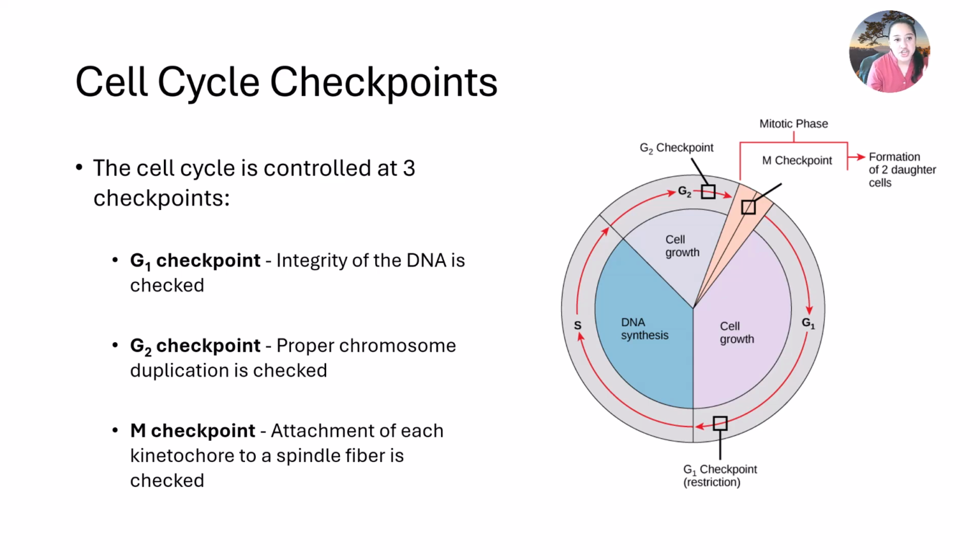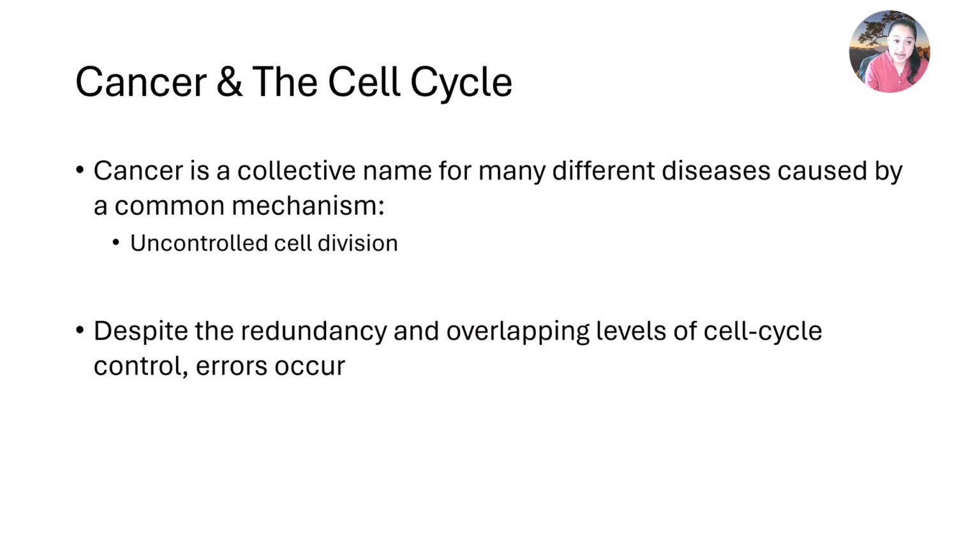These checkpoints are really important. If your cells fail to pass through them, the cell might be able to fix whatever it is and then proceed, or that cell will just get told, sorry buddy, you gotta go. We can't have this cell divide and lead to other messed up cells, because that's what cancer is.